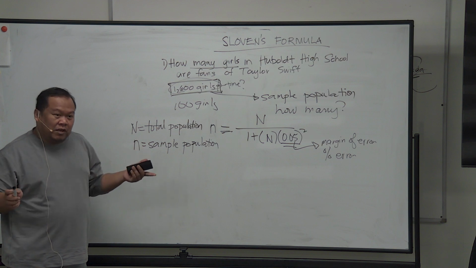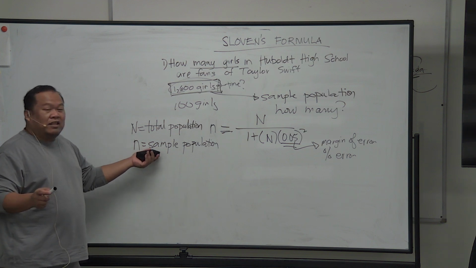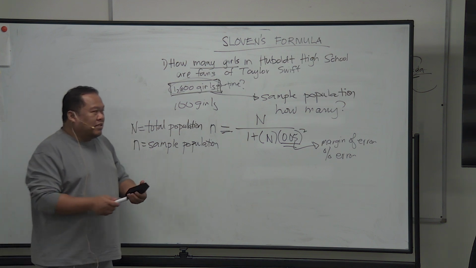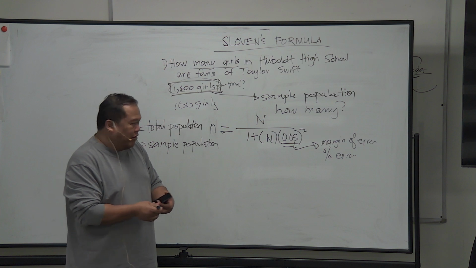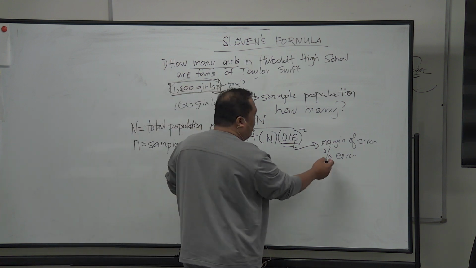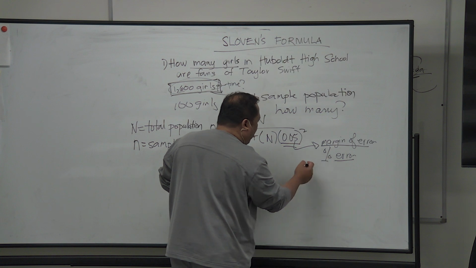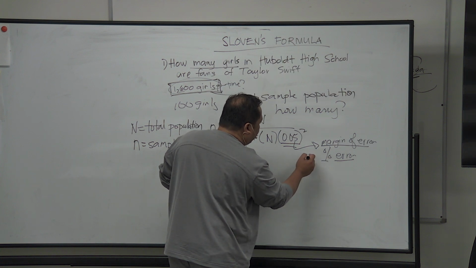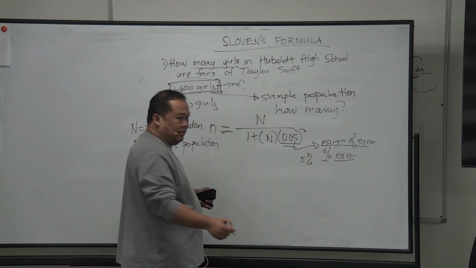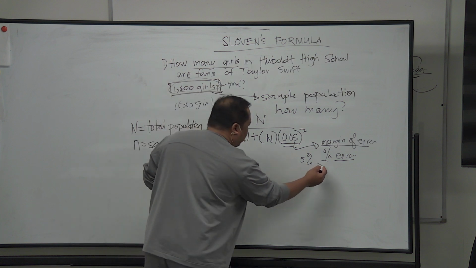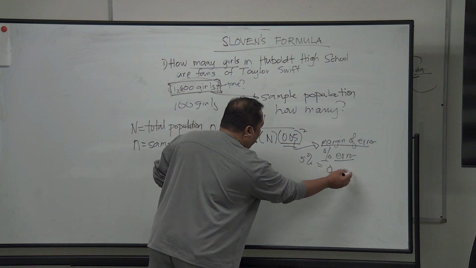No, it cannot be, since you're only getting a sample. So there is a percentage of error. And this time, your percentage of error, or your margin of error, is 5%. That's why 5% is equal to 0.05.